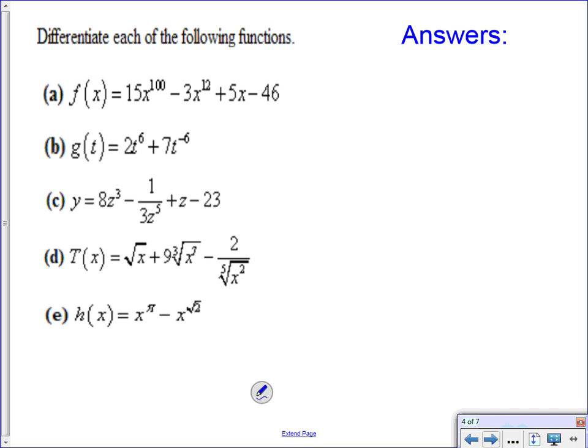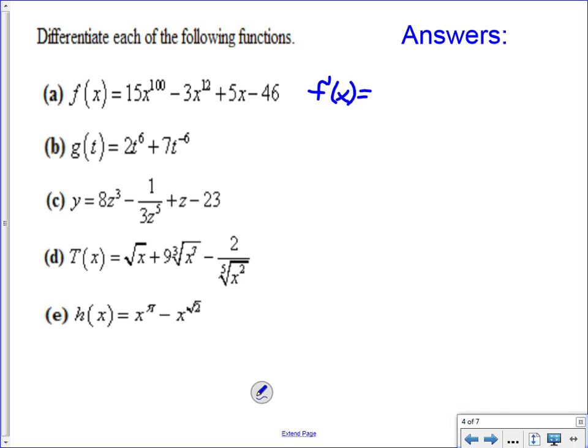All right, now, here are a few more examples, and here what I'm showing you is that you can apply the power rule to negative exponents, to fractional exponents, and even to exponents like pi and square root of 2. So if we look at example A, to find f prime of x, again, we're just going to apply that power rule.